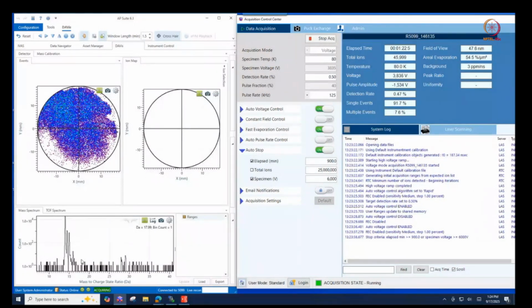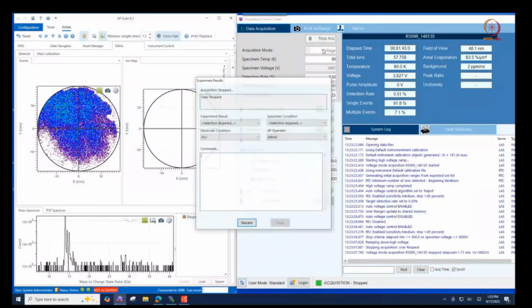So as we change the pulse fraction, we could see that background has decreased, single events have slightly increased, and multiple events have decreased. Okay, let us stop the acquisition over here.